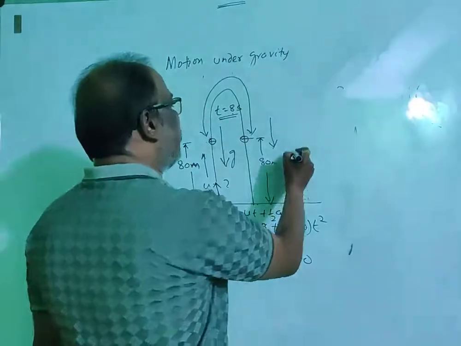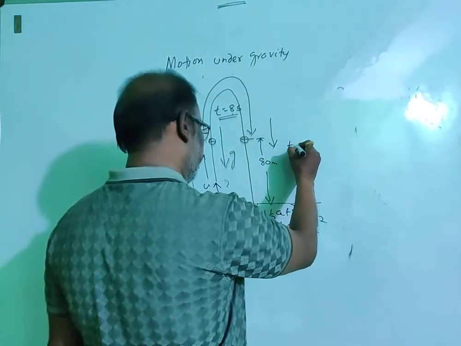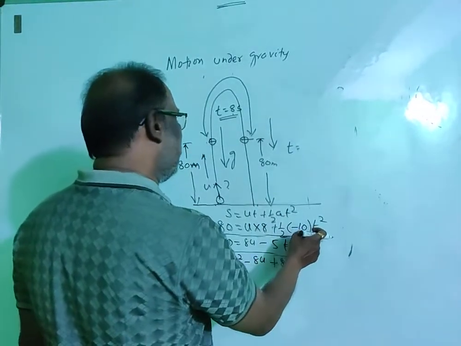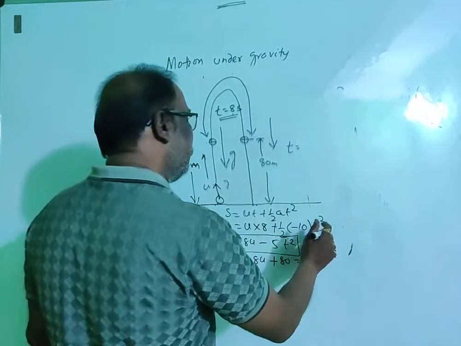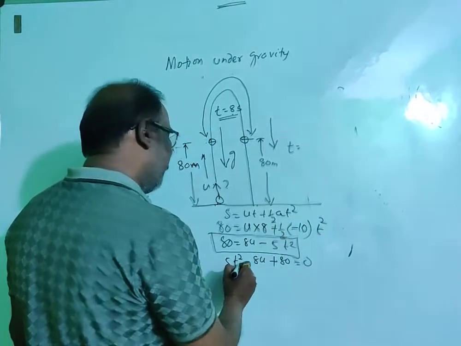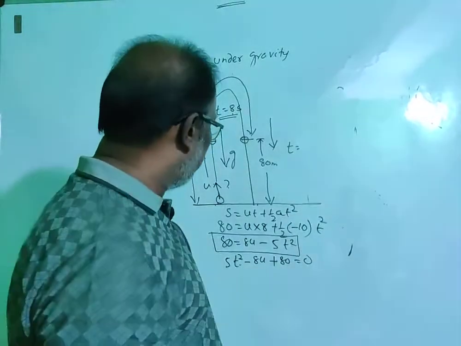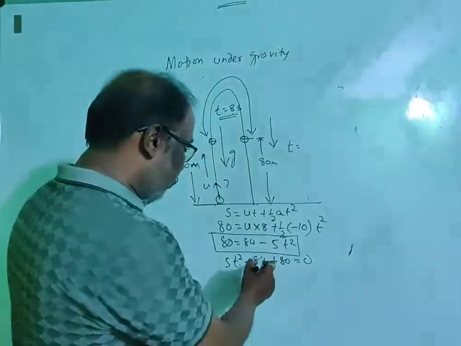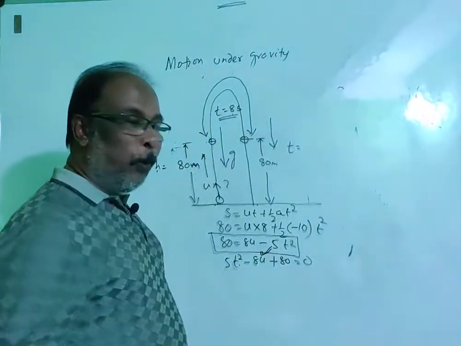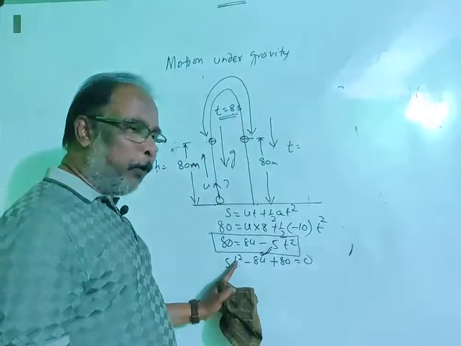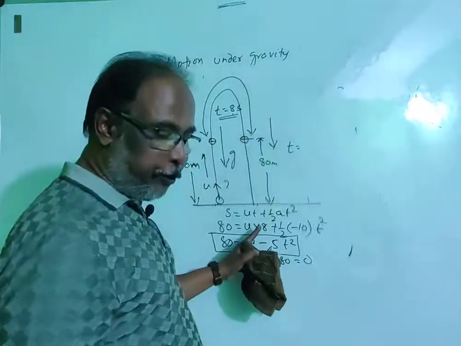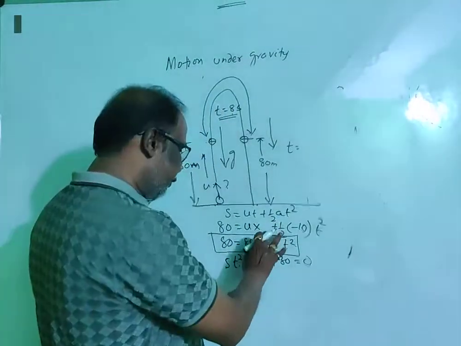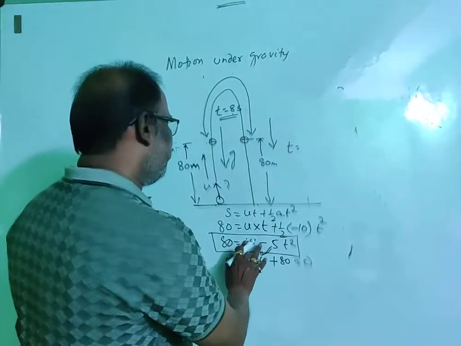Now you may solve for t. 10 t square, half of it is 5t square, then it is easier. For time you may solve now, and u is kept unknown. Time we know, we may put this value at a later stage in ut. Of course you now use this t.